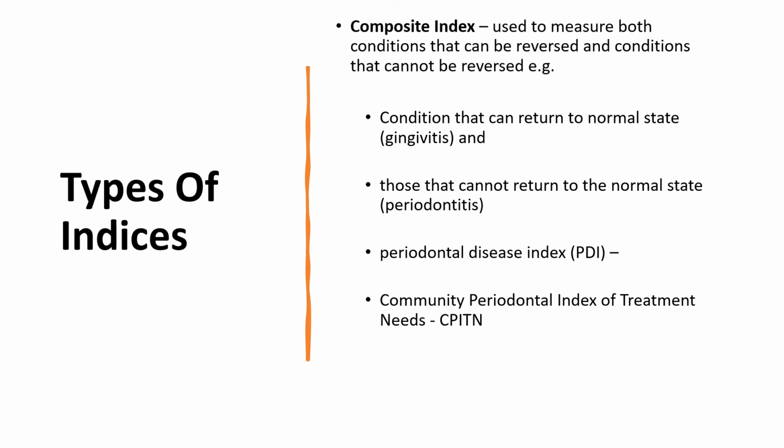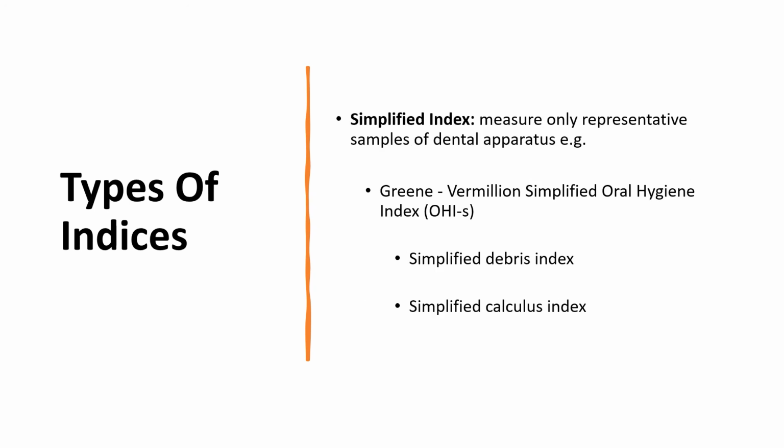And when it progresses to developing deep and more advanced periodontal pockets, then you know you are talking about periodontitis, which cannot be reversed. So in this kind of case, that is the type of index you can refer to as a composite index.